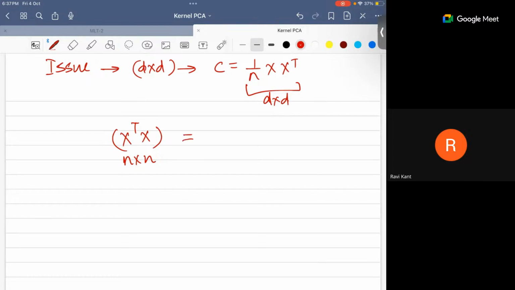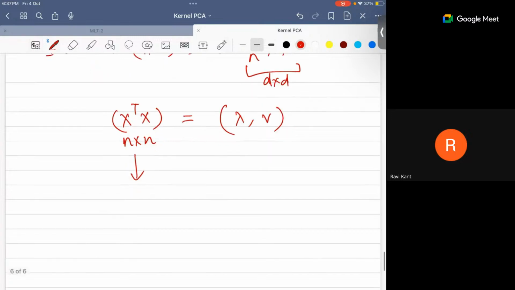So we assume X transpose X has lambda and v as the eigenpair, and from here we got for X X transpose the same eigenvalue lambda, and the eigenvector Xv upon root lambda.